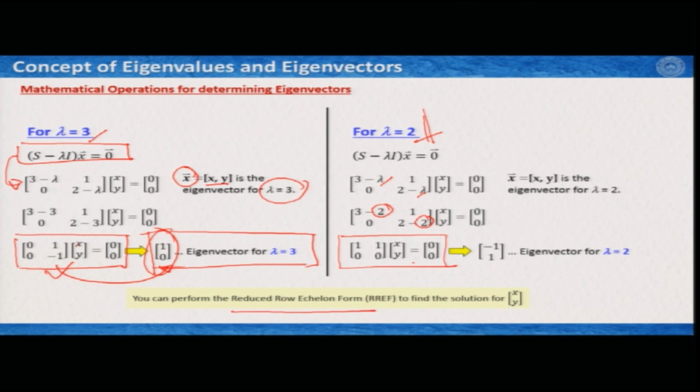And again, if you solve for x and y using the RREF method, you can find the values for x and y as minus 1 1, and this is exactly what we have seen before, which was the eigenvector for eigenvalue 2. So, this is how mathematically you can figure out your eigenvalues and eigenvectors.